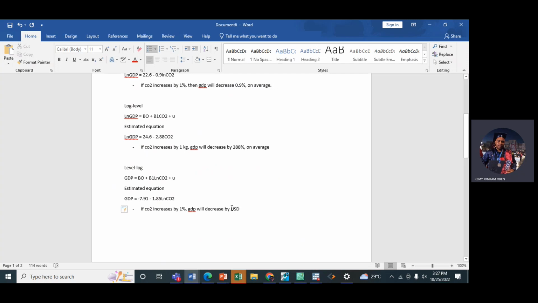But how do we get that figure? We have to divide this 1.85 by 100. By the way, 1.85 divided by 100 should be 0.0185. Is it?